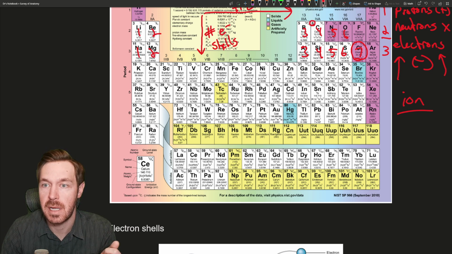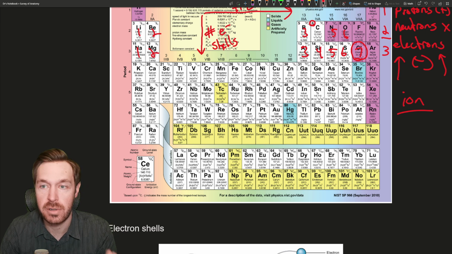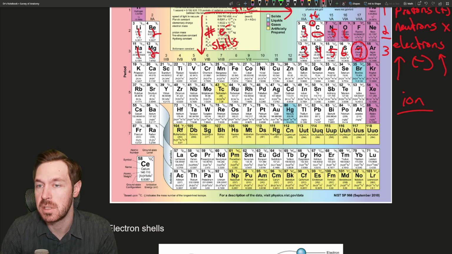So carbon has the atomic number of 6. That tells you there are 6 protons. So plus 6. Here, I know this might be hard to read for you, but that says 12.0107. That's the atomic mass, or AMU, atomic mass units. So that is the number of protons plus the number of neutrons.